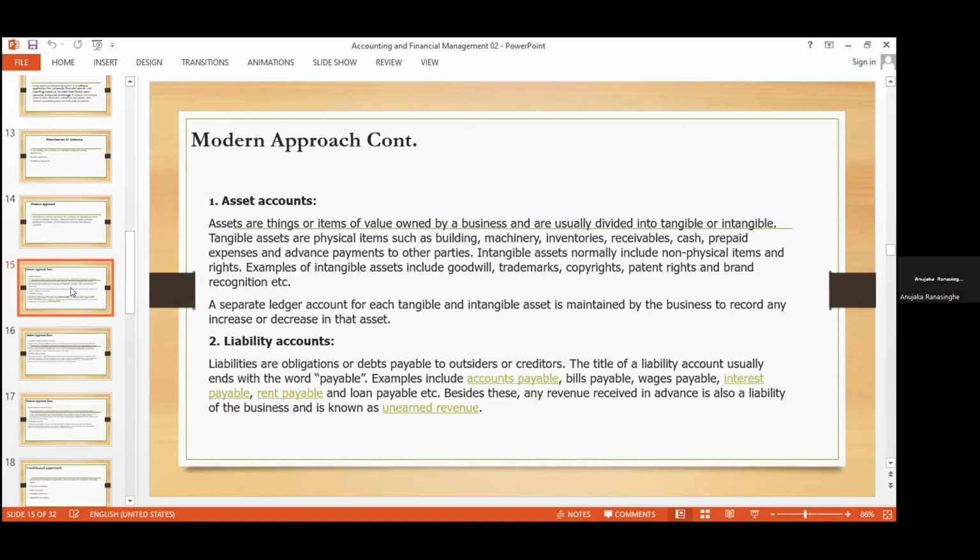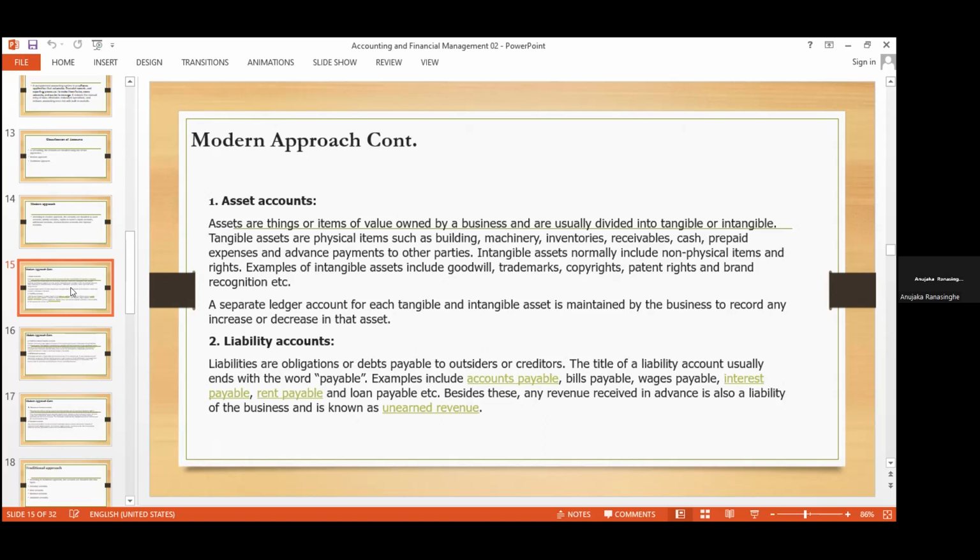This is an intangible asset. Tangible assets are physical items such as buildings, machinery, inventories, receivables, receivable cash, prepaid expenses, and advance payments to other parties. Those are tangible assets.